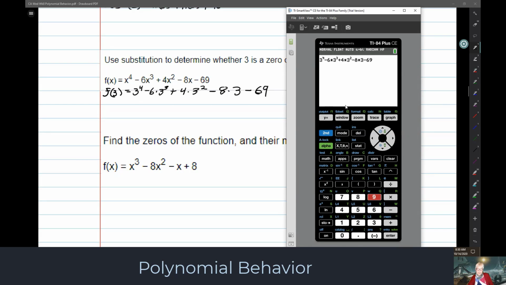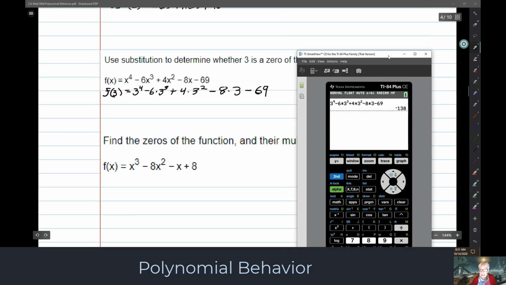So double check: 3 to the 4th minus 6 times 3 to the 3rd plus 4 times 3 squared minus 8 times 3 minus 69. Enter. Negative 138. That is not 0. No, it's not.